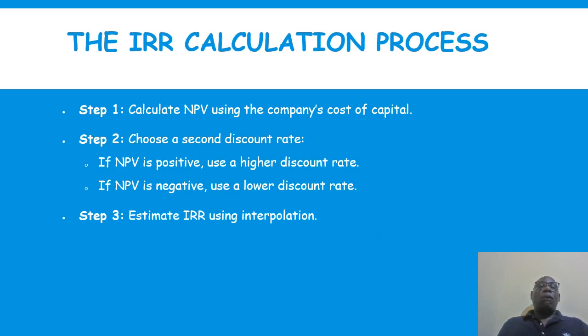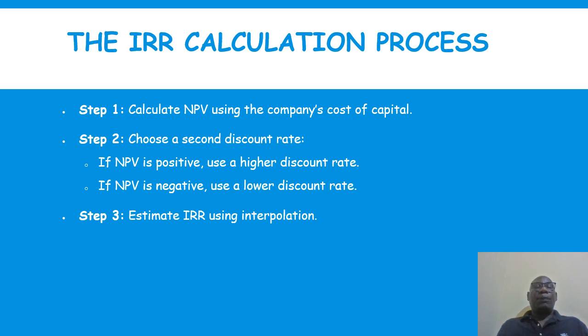Now, we move on to how the internal rate of return can be calculated. There are a number of steps which we need to adhere to as we try to compute the internal rate of return. Step number 1: we are required to calculate the NPV by using the company's cost of capital.